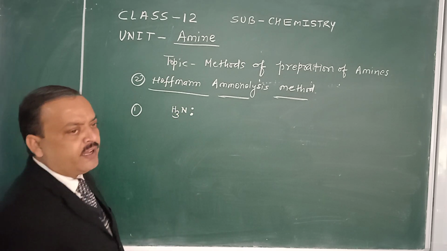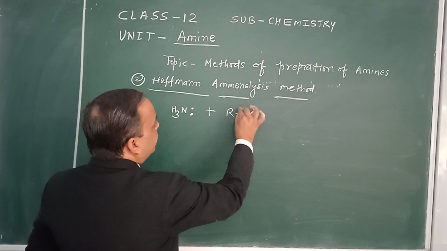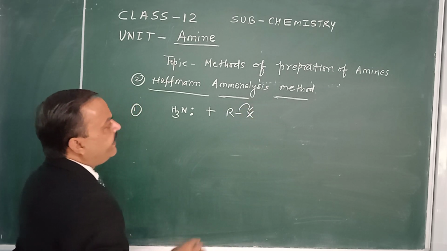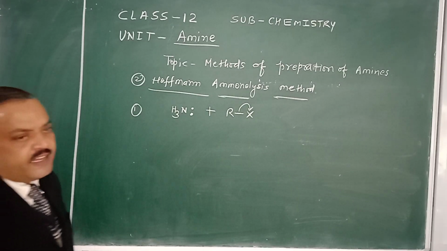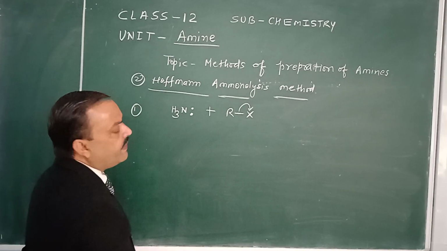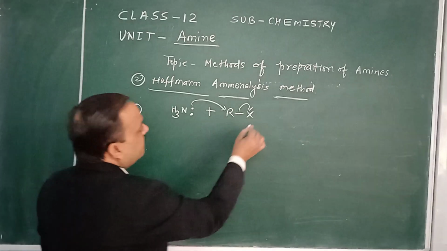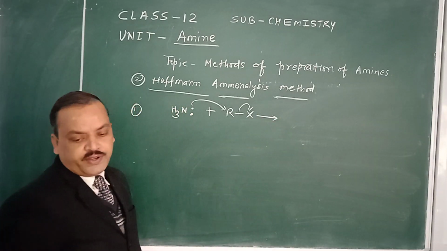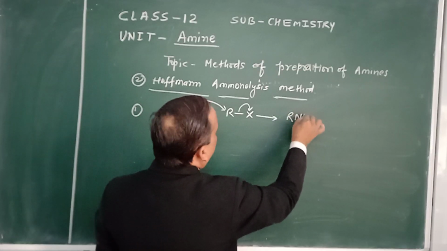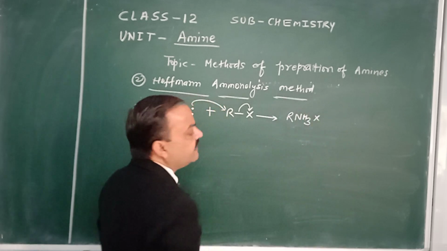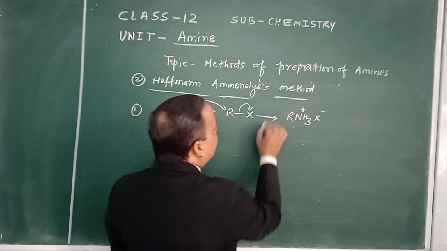When we react the ammonia with the alkyl halide, halogen has high electronegativity, so the bonded electrons shift towards the halogen, and the lone pair is attracted towards the alkyl group. In the next step, the intermediate compound RNH3X is formed, with a positive charge there and a negative charge there.